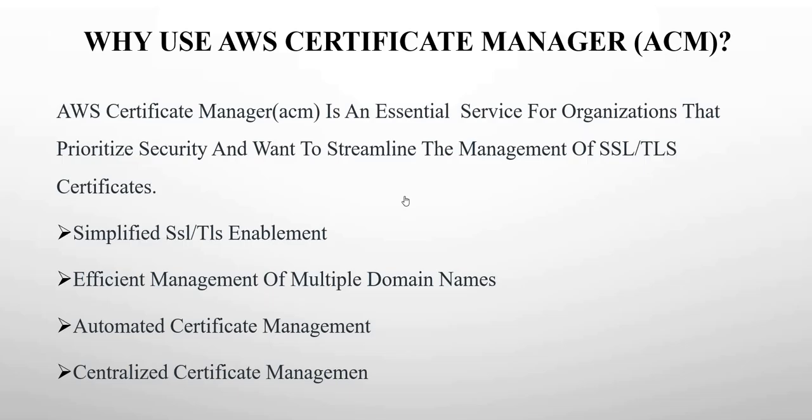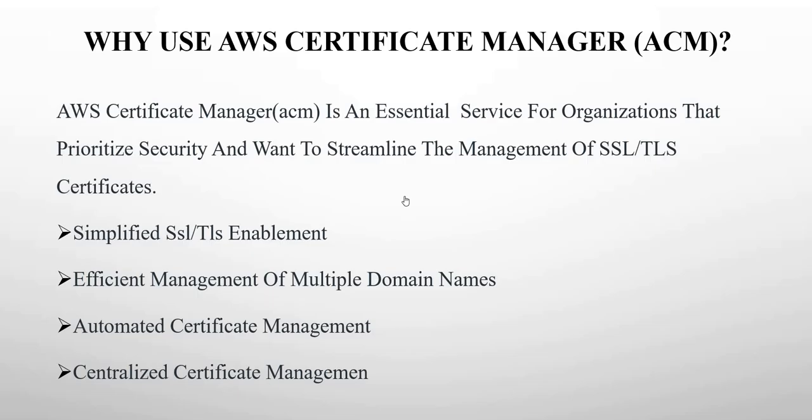In this simplification, the manual tasks are eliminated. We can handle the certificate automatically, which leads to a reduction of complexity and saves time for developers and administrators. So it's easy to use, its complexity is reduced, and it saves a lot of time for developers and administrators.